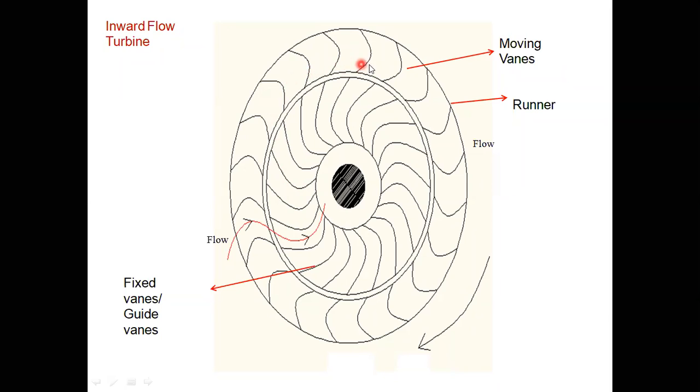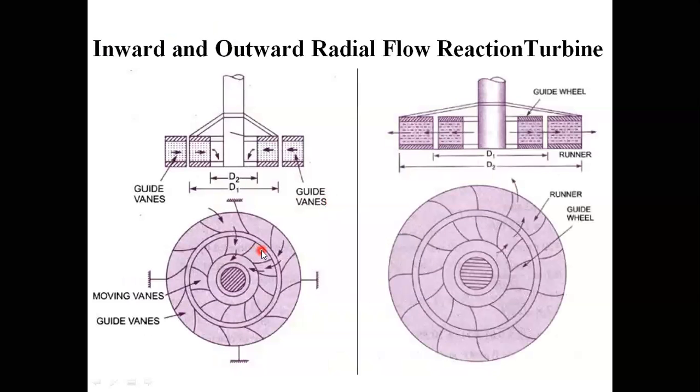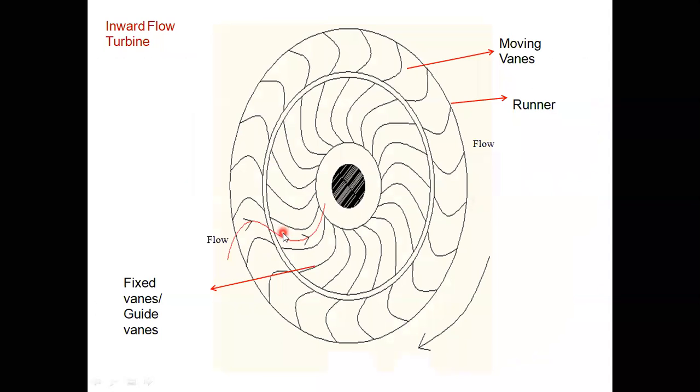After that, these are your moving vanes or adjustable vanes. Here, water is coming from outside to inside. So this is called an inward flow turbine, means water coming from outside, this side, like that.